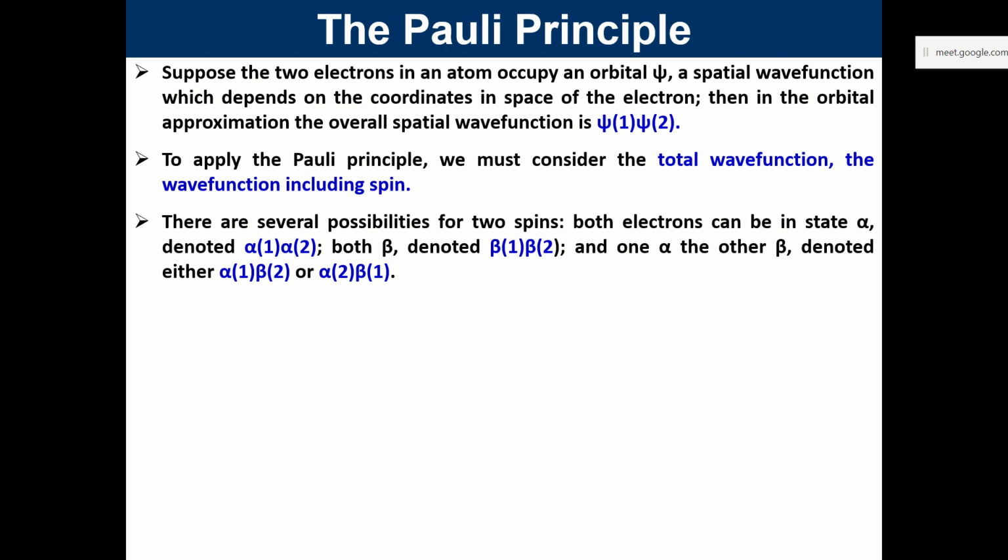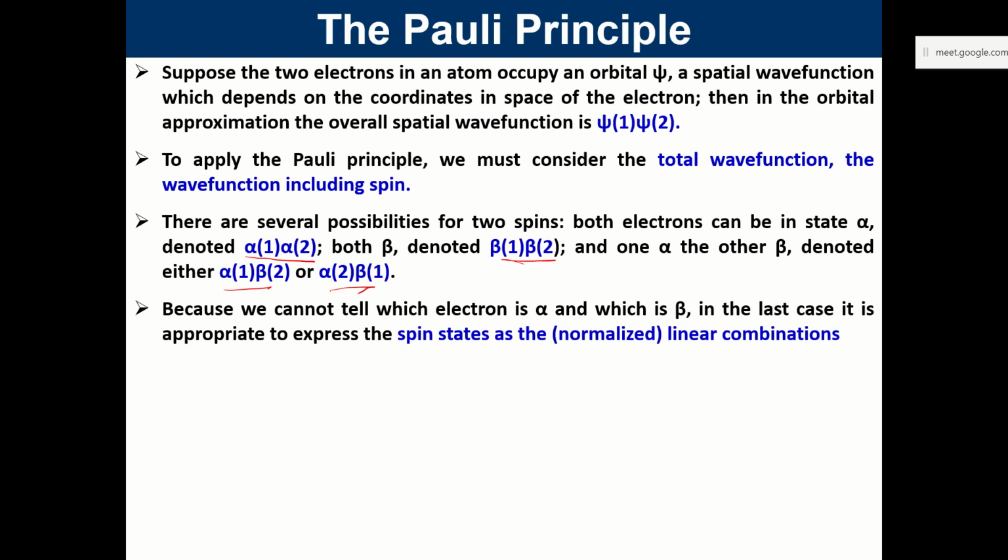Psi is a representation of the orbital part of the wave function, the total orbital wave function. In a similar way we assign alpha and beta as the wave functions for the spin states: plus half spin state and minus half spin state, alpha and beta respectively. So we can imagine four different combinations: both alpha, both beta, alpha beta, beta alpha.